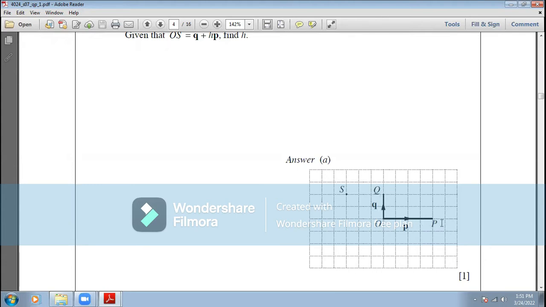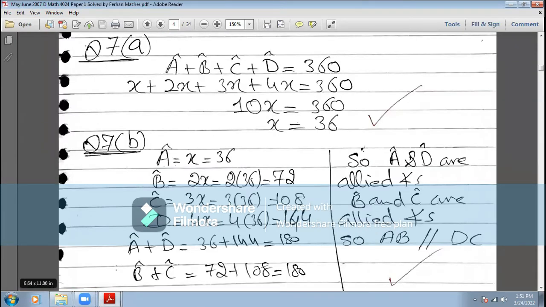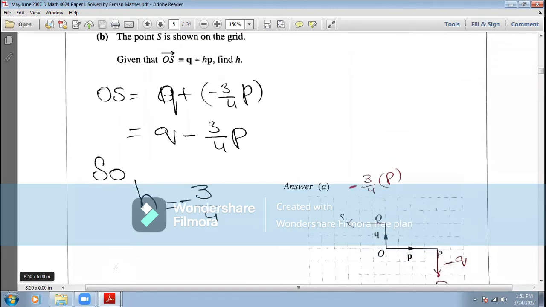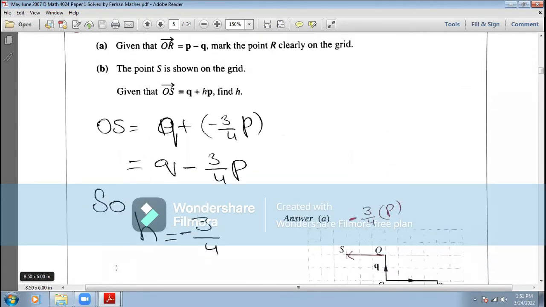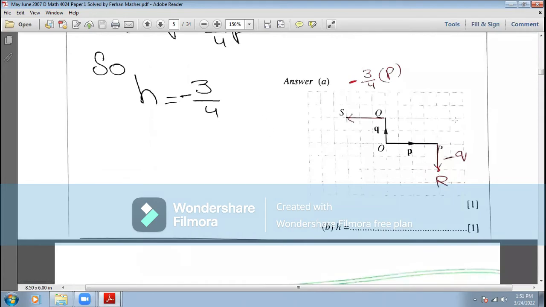This is 2 steps upward, so we will go 2 steps downward. So here will be the R, just join them. So this is P and this is minus Q. So this will be your OR.